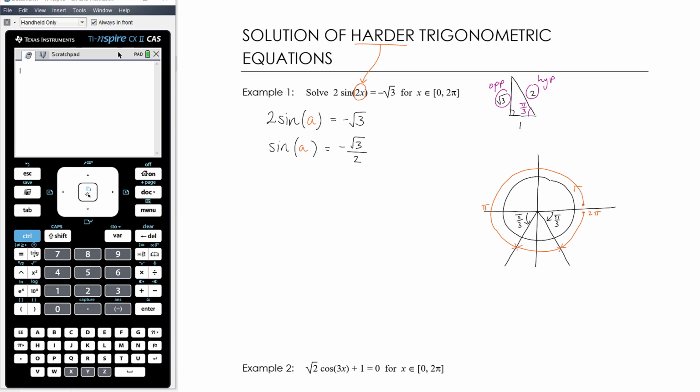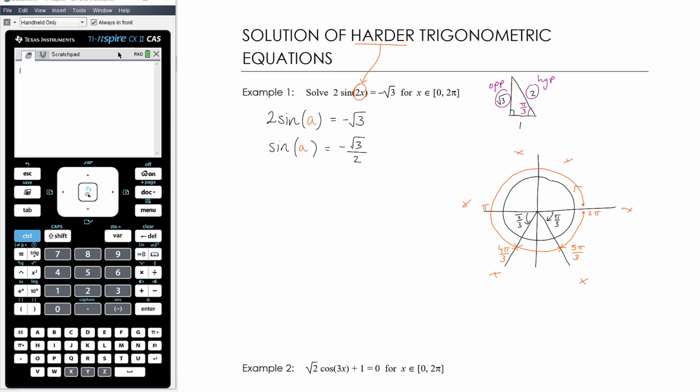We get pi plus pi on 3, so that's 3 pi on 3 plus 1 pi on 3, which is 4 pi on 3, and 2 pi minus pi on 3, so that is 6 pi on 3 minus 1 pi on 3, so 5 pi on 3. Again, you could count in thirds around the circle: 1 pi on 3, 2 pi on 3, 3 pi on 3, 4 pi on 3, 5 pi on 3, 6 pi on 3.